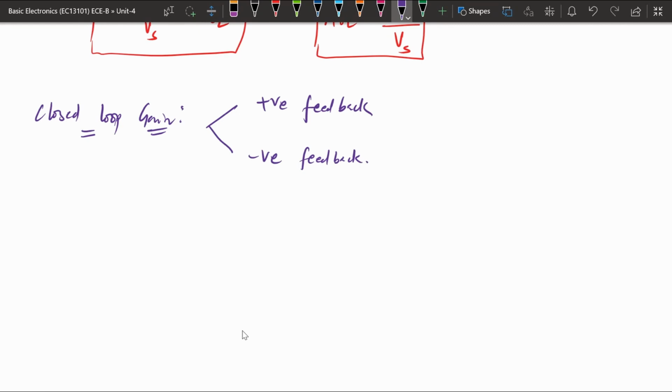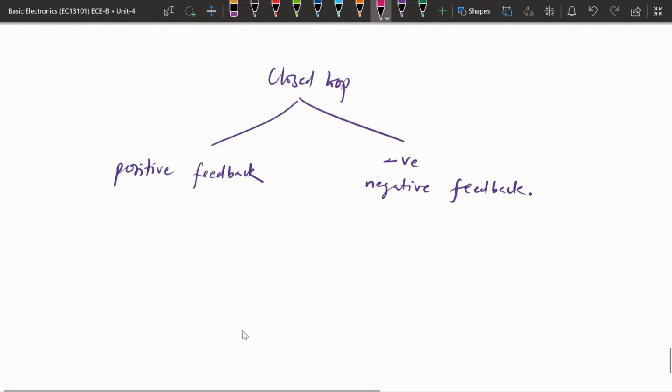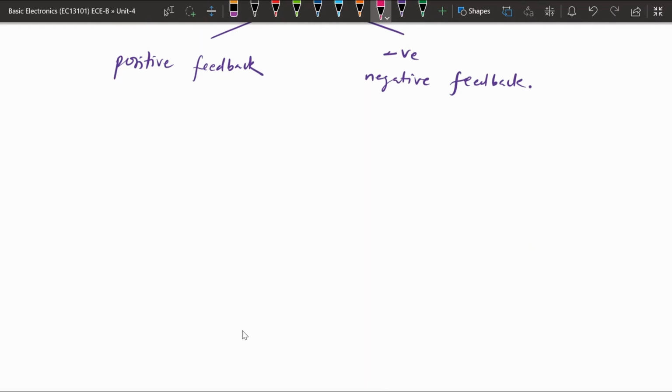We will just see. If it is positive feedback, the structure will look like this: a voltage gain is there, this is the input and this is the output. The output will be fed back to the input. To have feedback, we will have an adder, and the output part will be fed back to the input.